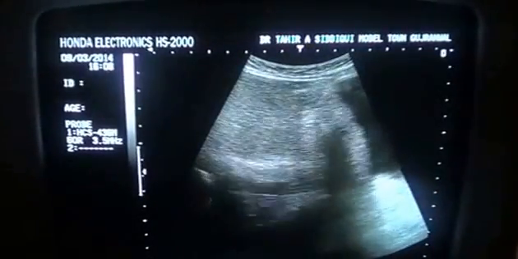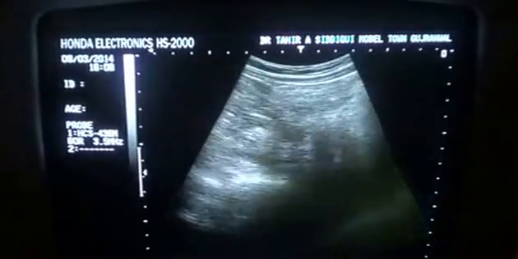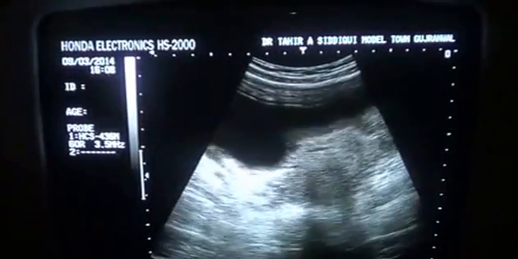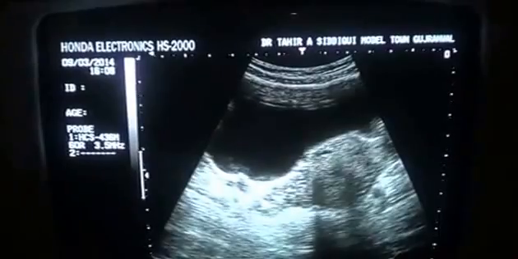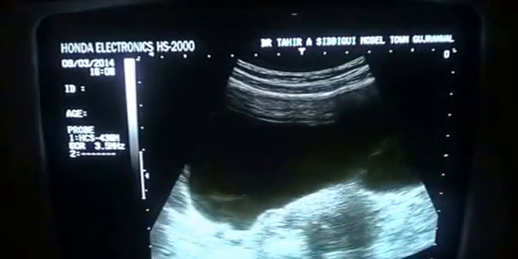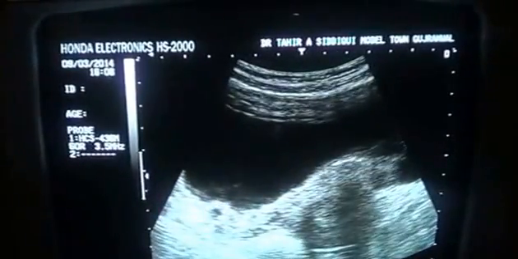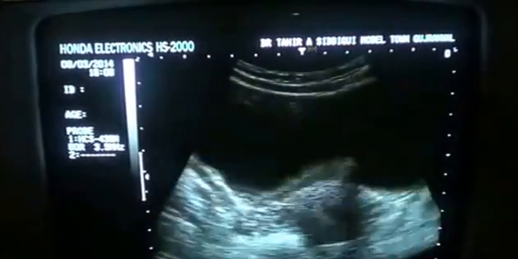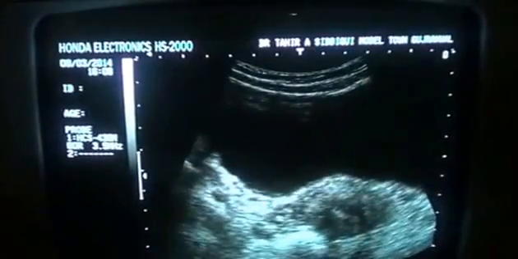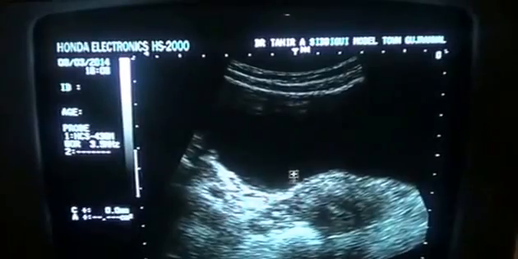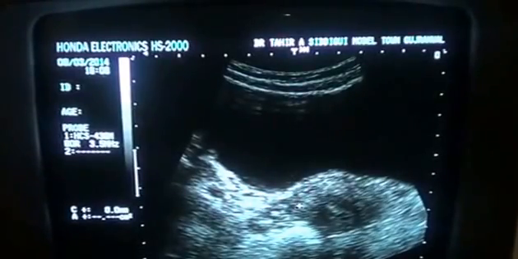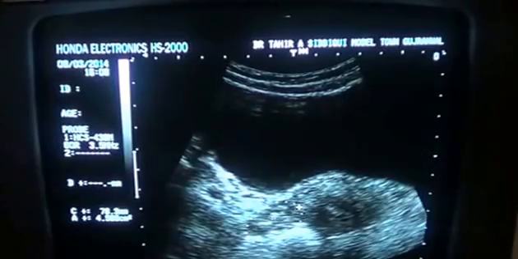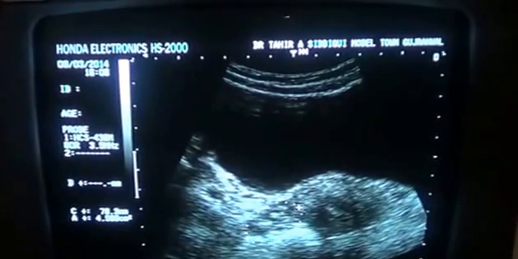Now, what is the condition of the ovaries? Are the ovaries visualized? Now, this is the right ovary, with developing follicles seen, all small in size.